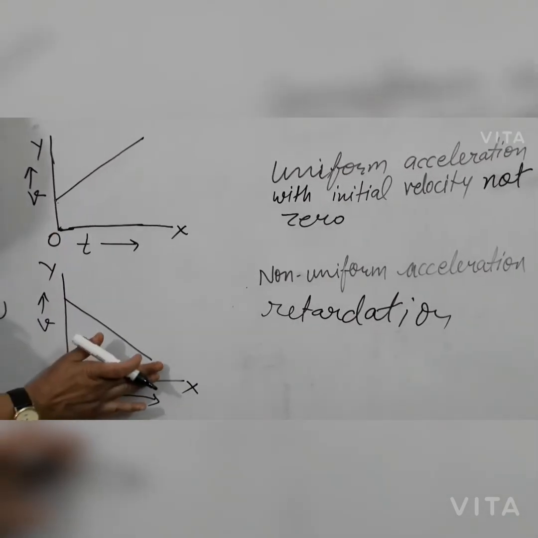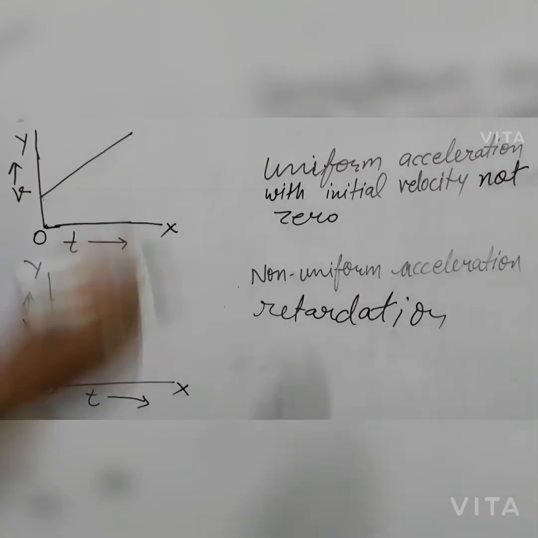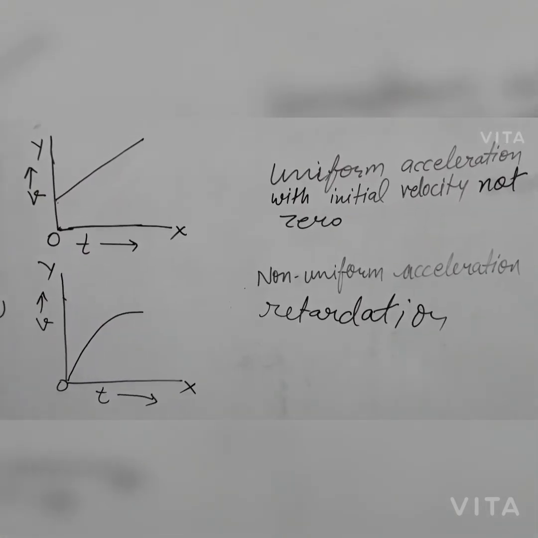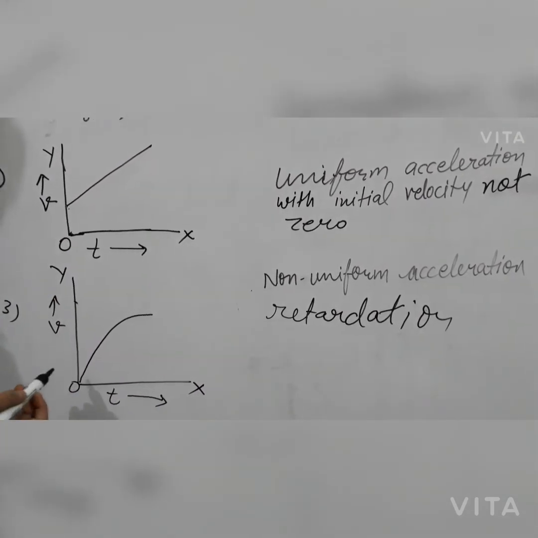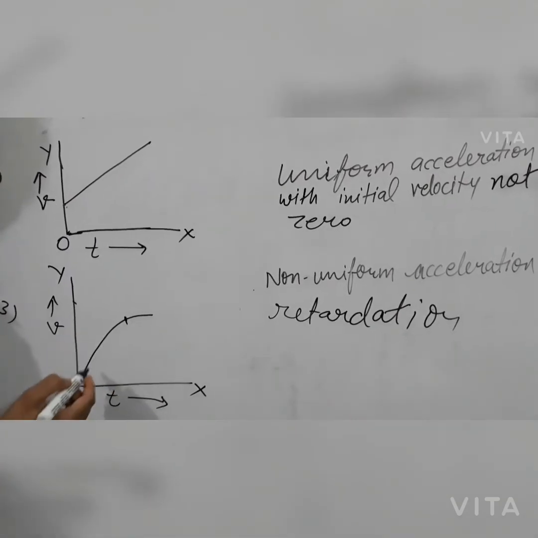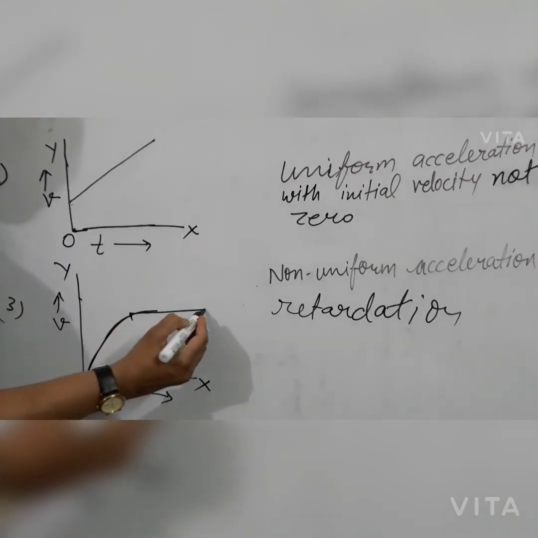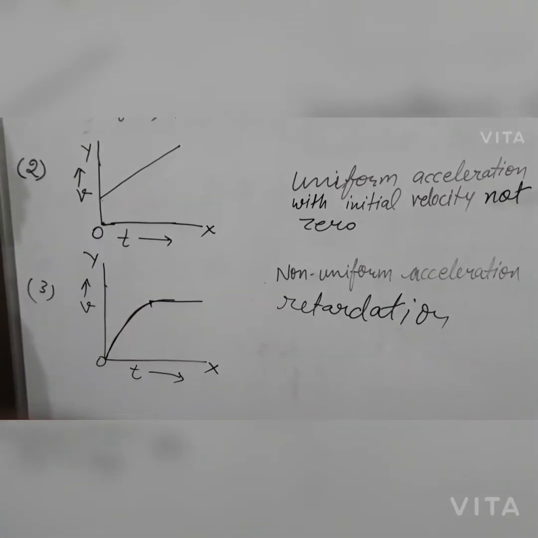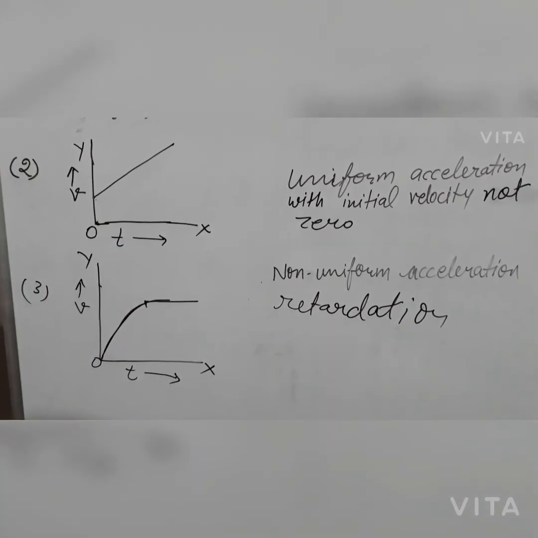But suppose we get a curved line in the graph, this is also telling us about non-uniform acceleration. In this condition, from the start till here the velocity is increasing, but after that the velocity becomes constant. So these graphs are telling us about the different types of acceleration.